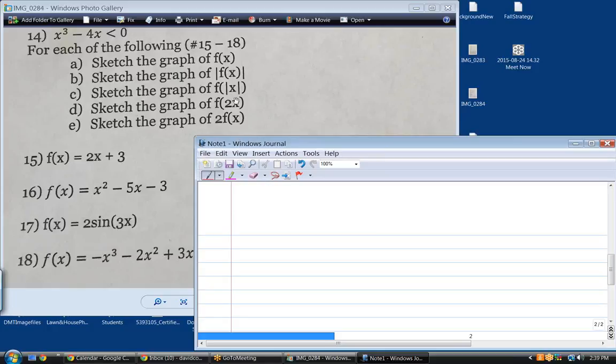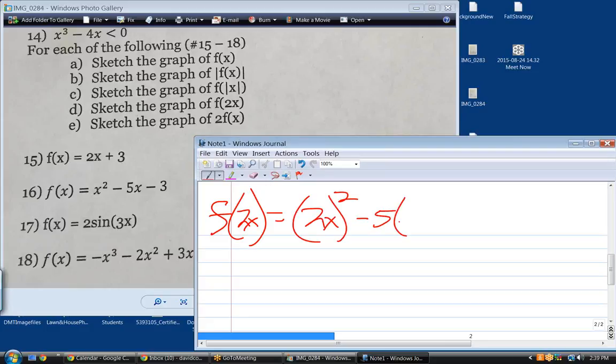Okay. f of 2x for 16, do you have any problems with that? Would you just replace x with 2x wherever x is, so it would be quantity 2x squared and then minus 10x.